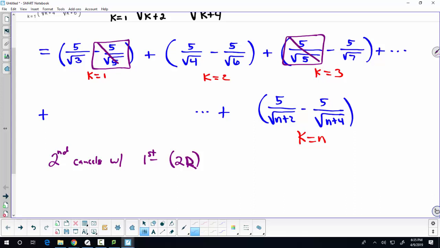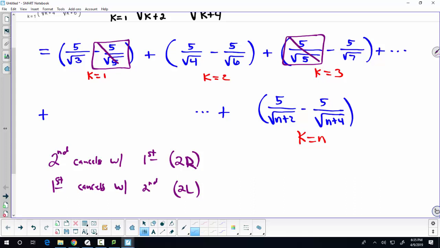It's 2 to the left. Okay, so the 5 over root 3 wouldn't cancel. There's nothing to the left, so we're still going to have this term. The 5 over root 4 wouldn't cancel because there's not a second pair to the left. How about the minus 5 over root 6?